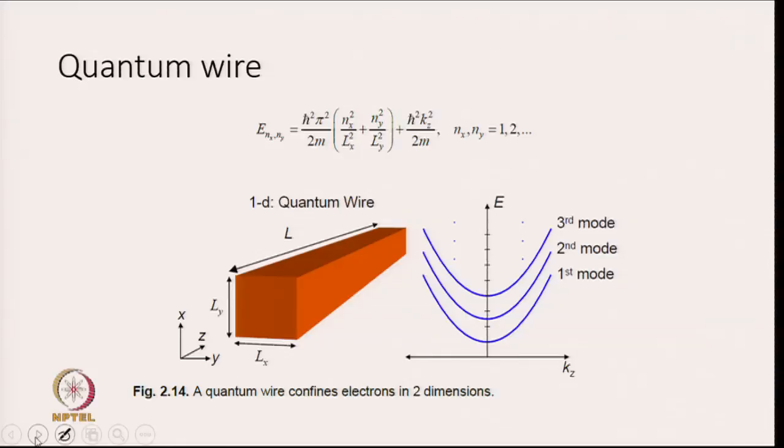For a quantum wire, since it is confined in 2 directions, it will depend on 2 quantum numbers, nx and ny, and nx and ny can only have values 1, 2, 3, 4, and that is your energy level diagram.